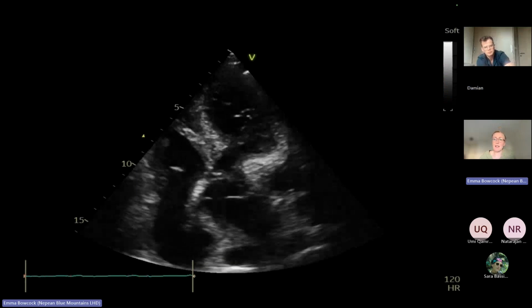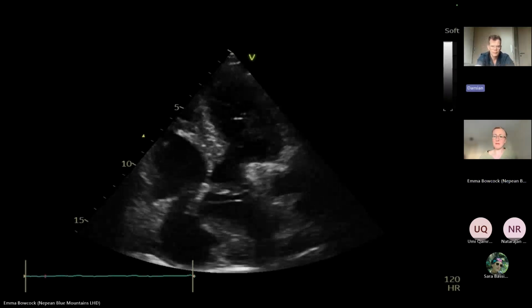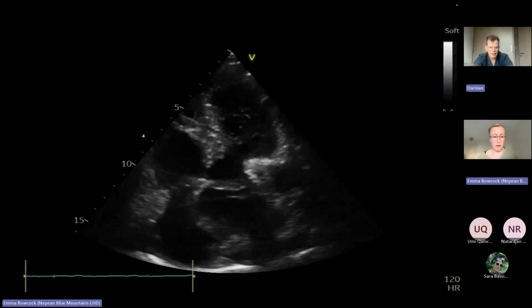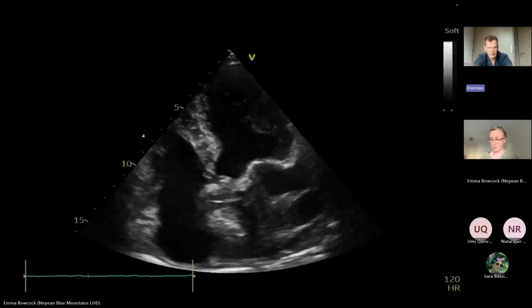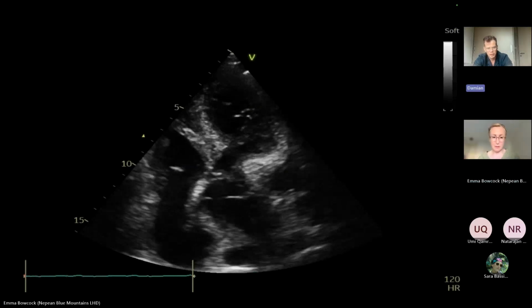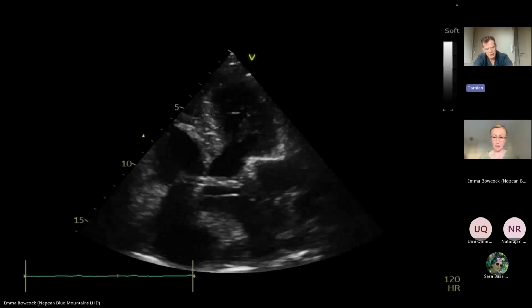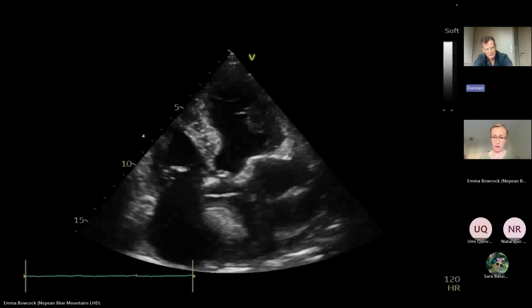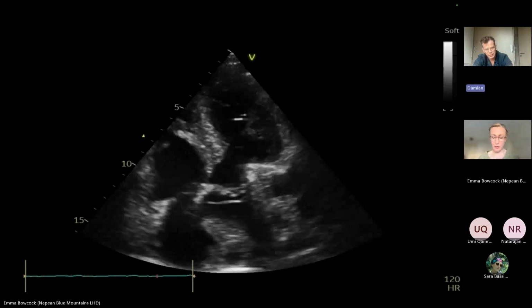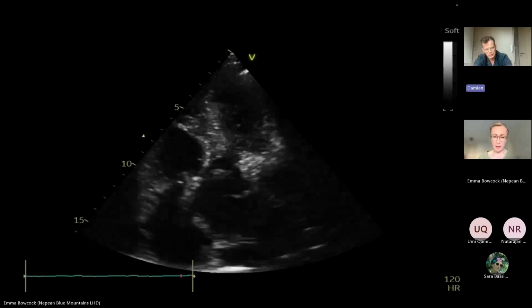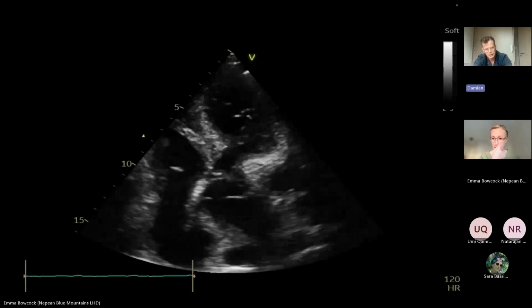Okay, what do we see here? So this is a kind of a 5-chamber. The abnormalities are again seen. So there appears to be a dissection flap going across the ascending aorta.